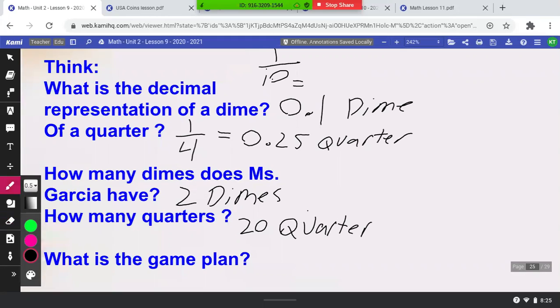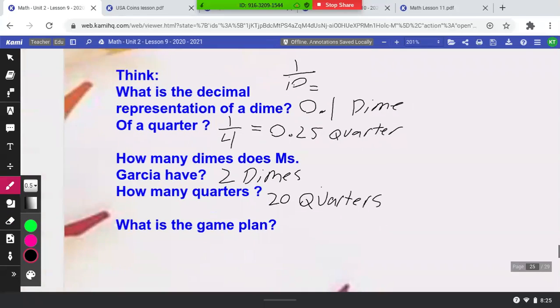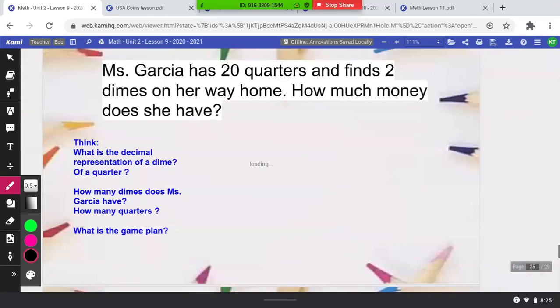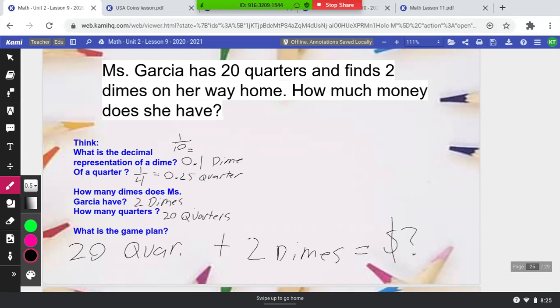All right. So, what are we going to be doing here? What is our game plan? We are trying to figure out the total amount of money that she has. We are going to be adding 20 quarters with 2 dimes. And we are figuring out how much money is that. 20 quarters and 2 dimes.